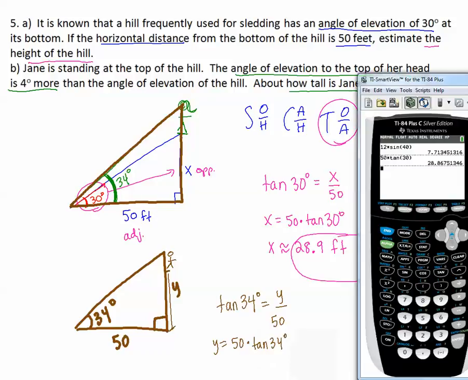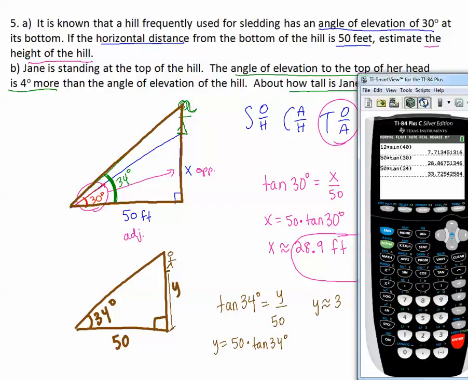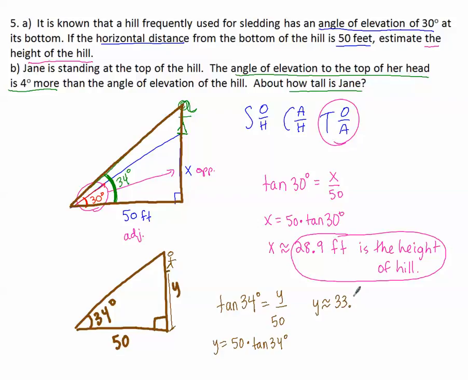Let's grab our calculator. 50 times the tangent of 34 degrees, and we have 33.7. So y is approximately 33.7.